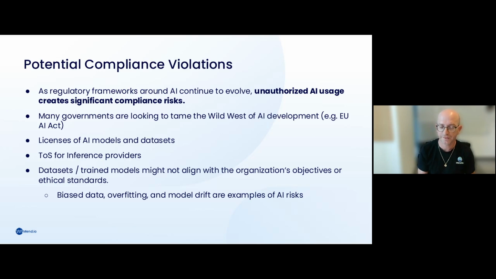So there are various compliance-related things that need to be taken into consideration, especially if you're an organization that needs to comply with them. First, there are more and more regulatory frameworks around AI that evolve, for example, about unauthorized AI usage and the fact that it can create a compliance risk.